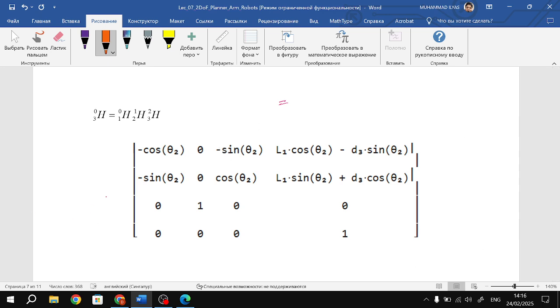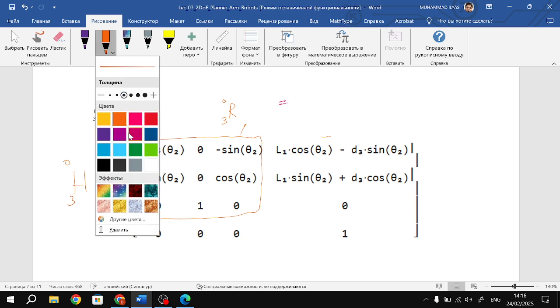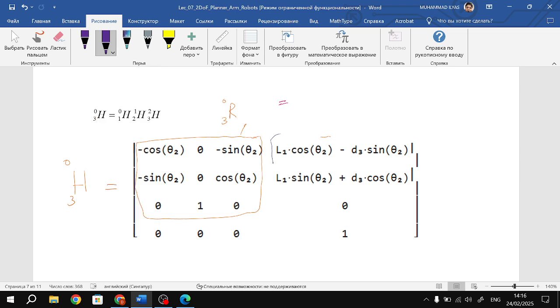So this final HTM is our 3 to 0. This part is our rotation matrix R 3 to 0, and this part is D 3 to 0.